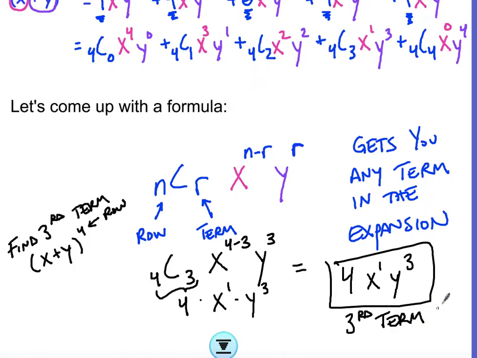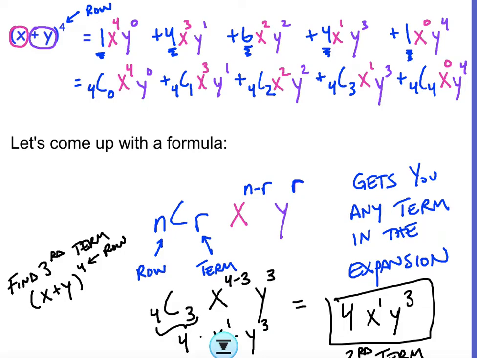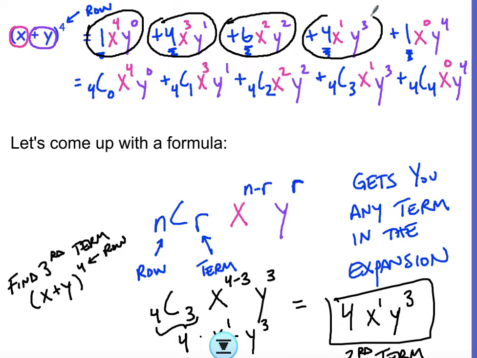Okay, now I want to show you that we already figured that out. Okay, the third term. And remember, we start counting from 0. So this whole thing right here, this is the 0 term. This is the first term. This is the second term. Here is the third term.